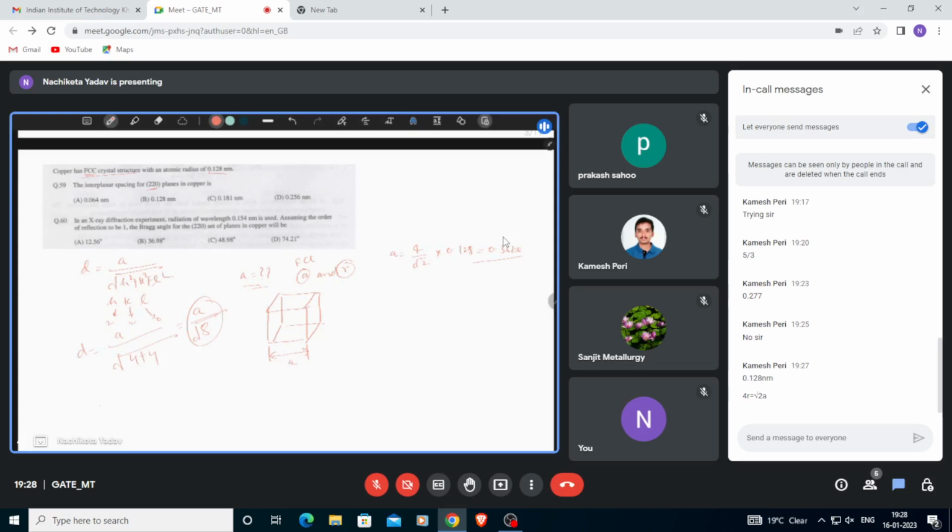From here, the d value will be 0.3620 by root 8, which will be 0.128 nanometer.